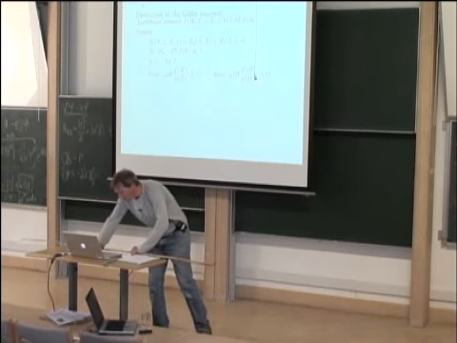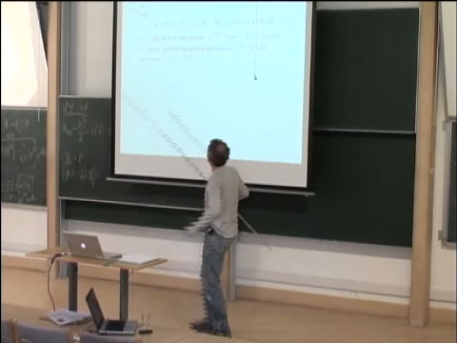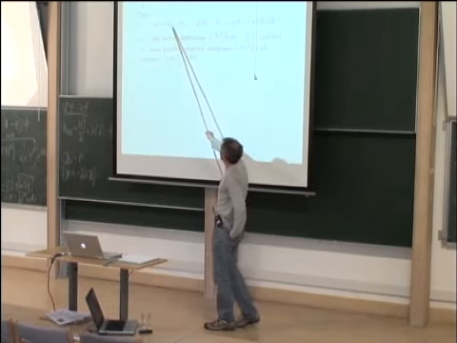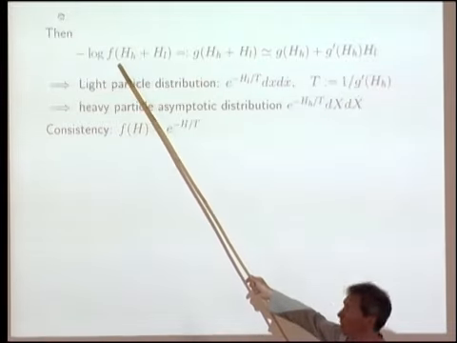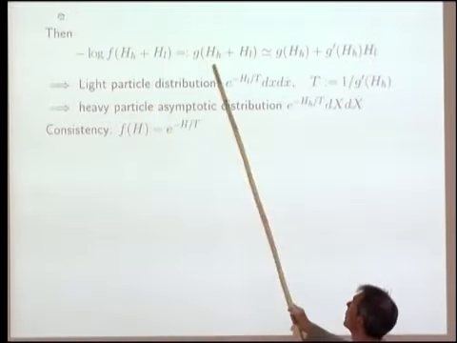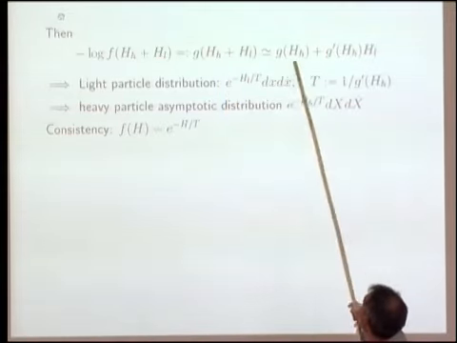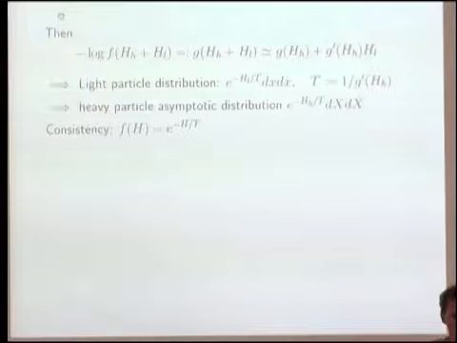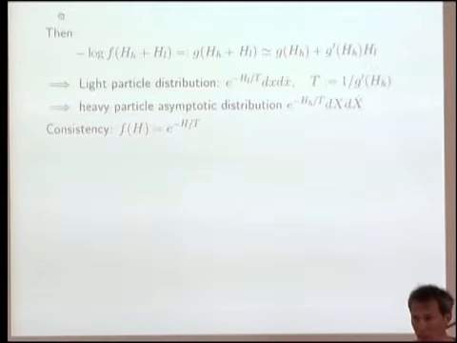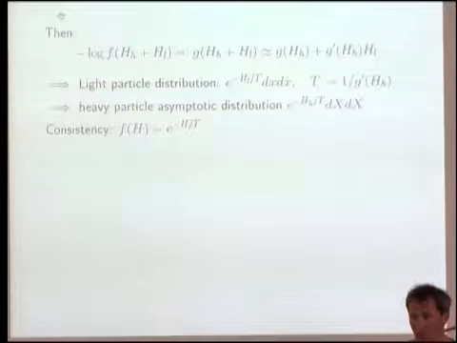Suppose we have that. Now we want to look at what happens when you perturb the equilibrium measure with the light. Then, in fact, the linear approximation is good because of my assumptions. And linear means that it is a Gibbs.